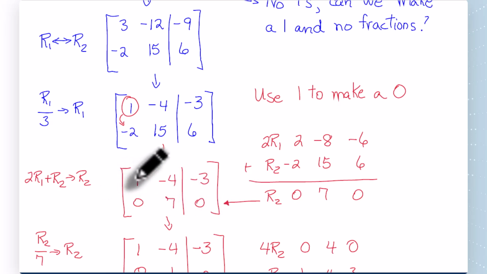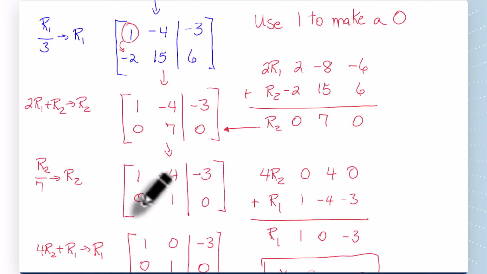Where am I at? 1, 0. Oh, I need a 1 there. All right, so I'm going to divide row 2 by 7. All right, so I get 0, 1, 0. So we're almost there. I now need to use this one to make a 0 above it. So I'm thinking 4. 4 times 1.